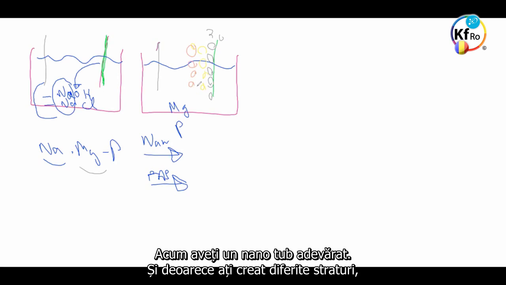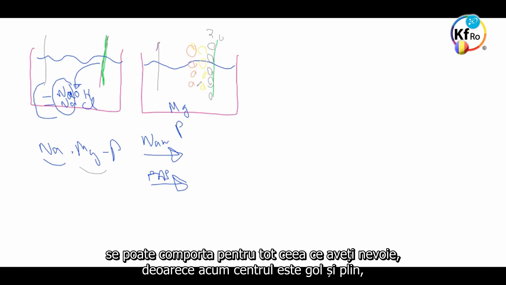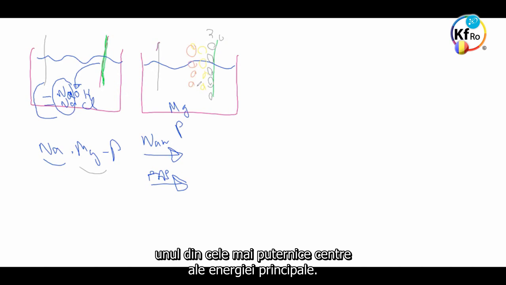And then, because you did the work to make it different layers of it, you have a true composite nanotube, which one, let's say, centimeter tube can behave for everything you need, because now the center is empty and full. It is actually, because it's held now by nanomaterial, one of the most powerful centers of principal energy.